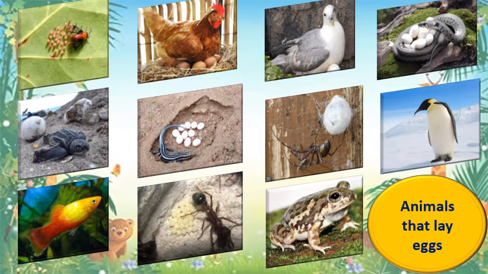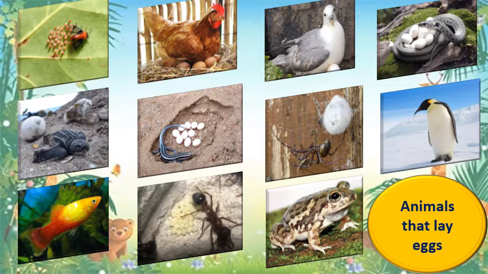So many pictures you can see here. These are all animals that lay eggs. And the baby grows inside the egg, and when the growth completes, they break the shell and they come out. Got this?